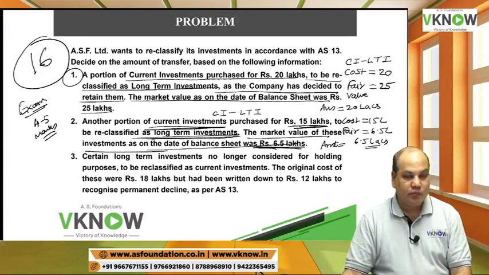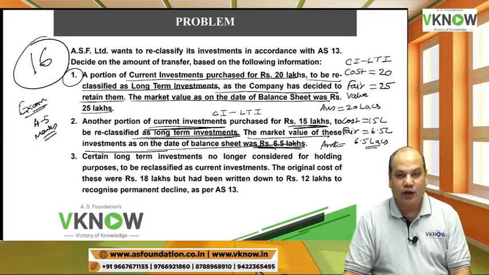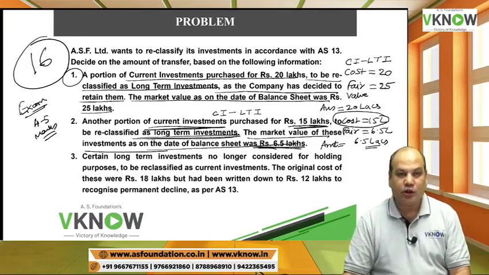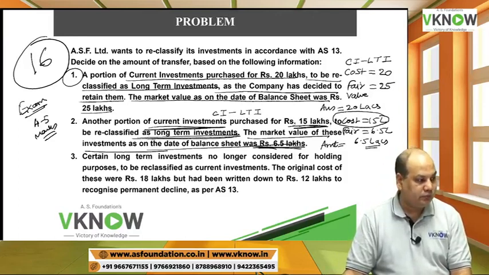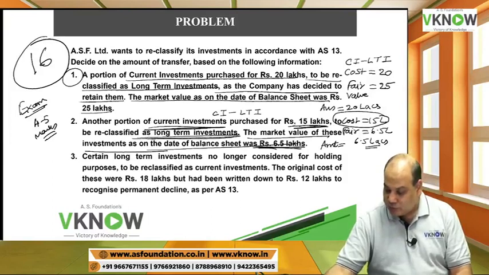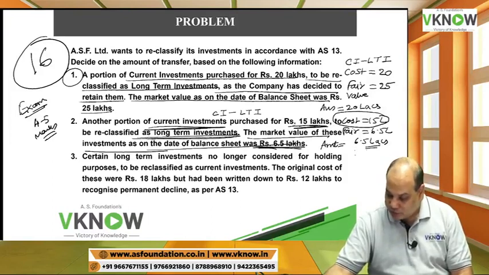It will be reclassified at 6.5 lakh, but you have purchased it at a cost of 15 lakh. So 15 lakh minus 6.5 lakh, how much is that? 8.5 lakh loss.